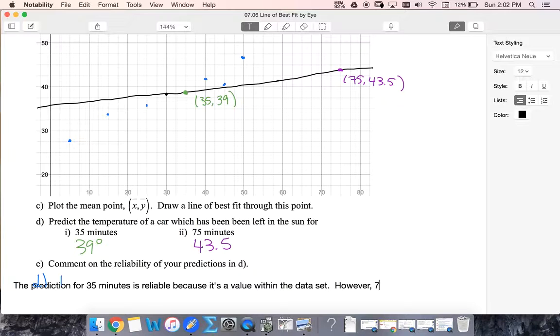However, 75 minutes is well outside the data set, so it is not reliable. All right, so that is another example.